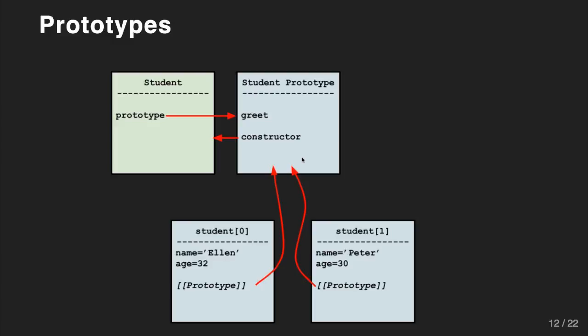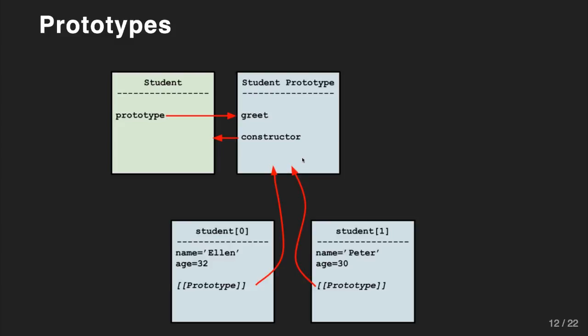The prototype being another object which is common for all of those instances created. And what I did when I removed the greet method from each instance and moved it to the student.prototype, I placed it up here.